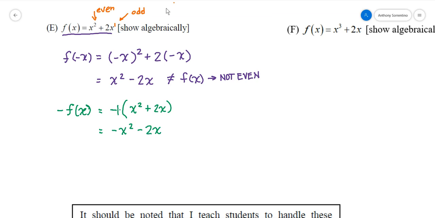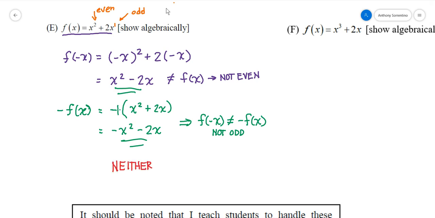Well, with this piece of information and seeing this up here, I can make the conclusion that f of negative x doesn't equal negative f of x, which is the condition needed to be odd. So I could say, based on that, it's not odd either. So as a result of that, f of x in part E here is neither even nor odd.